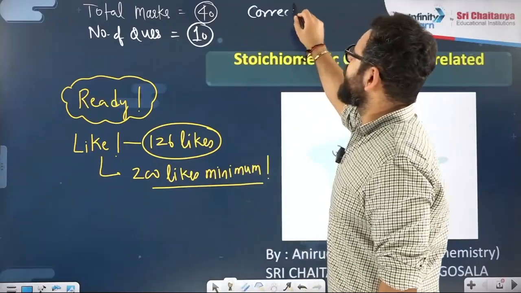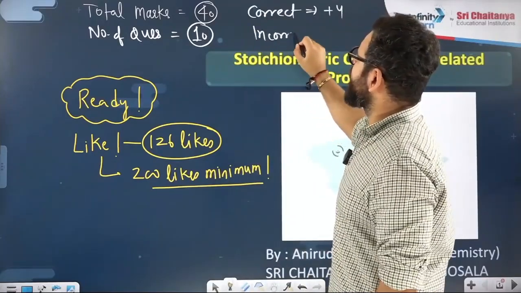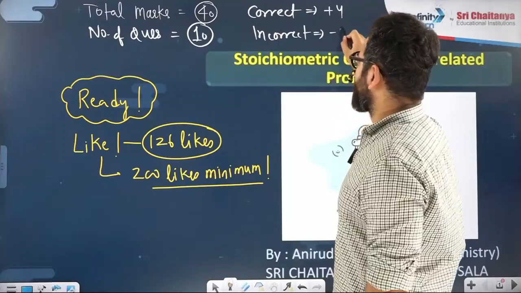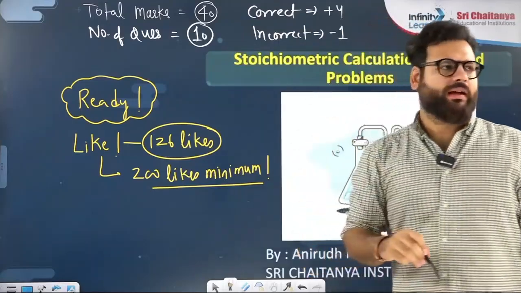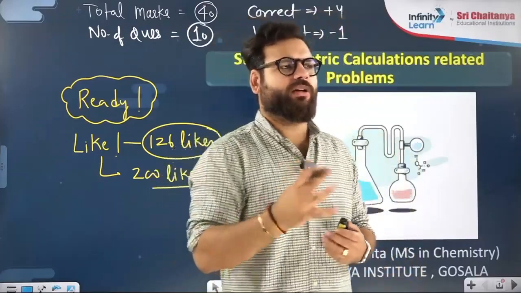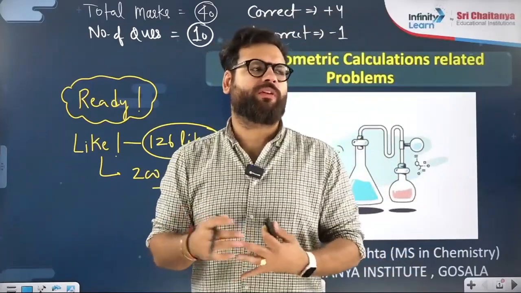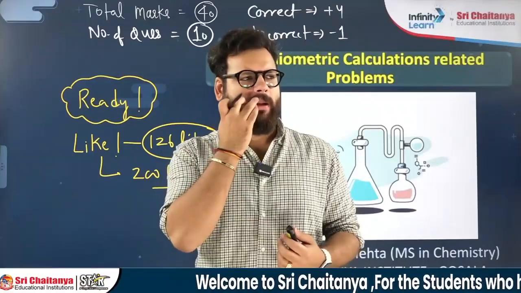Each correct answer gives +4, each incorrect gives -1. For each question, I will give you 2 minutes. Nobody will talk about anything else.